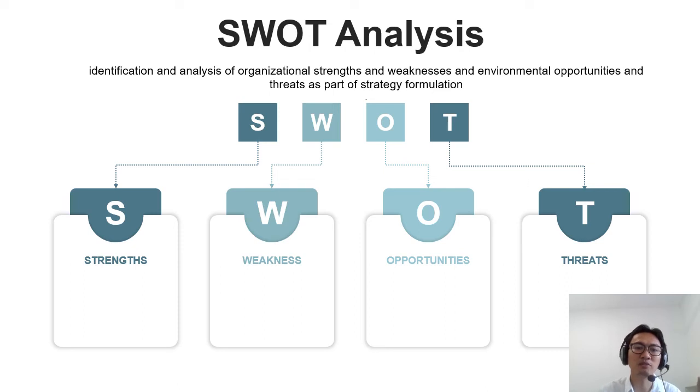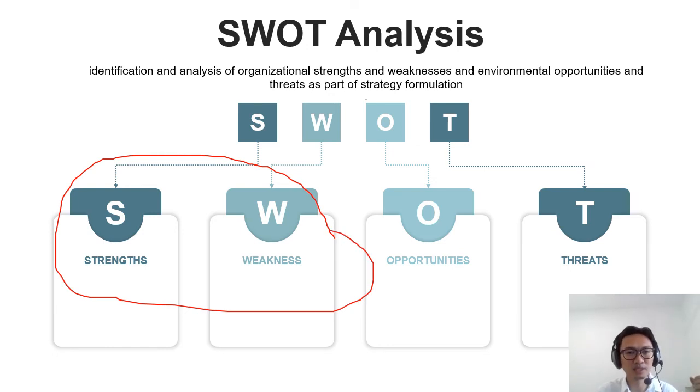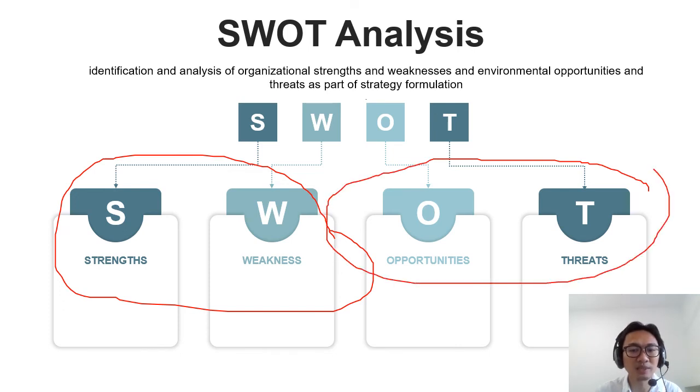So this process involves assessing organizational strengths and weaknesses first. These are internal things that we are good at, things that we are bad at. But this is what we can control. And then we also assess environmental opportunities and threats. These are external things. We can't really control them, but we have to understand and take opportunity when the time comes.